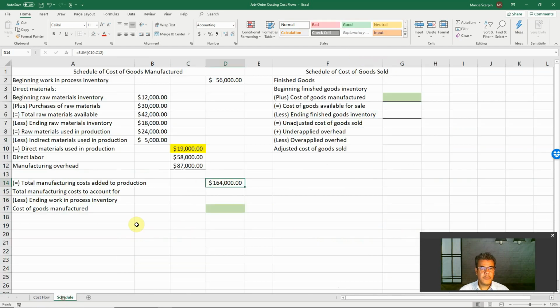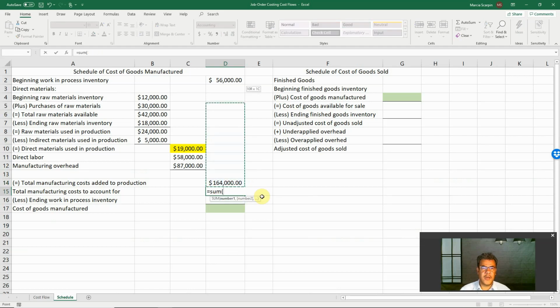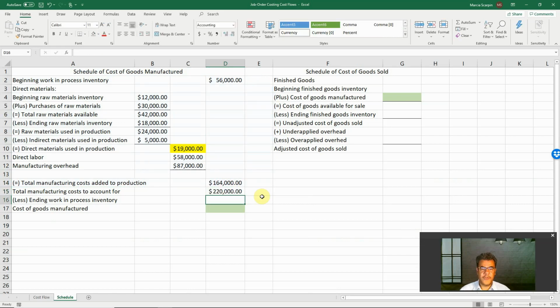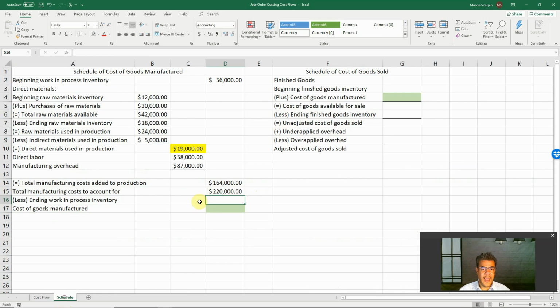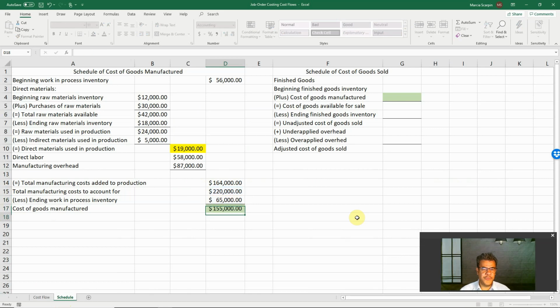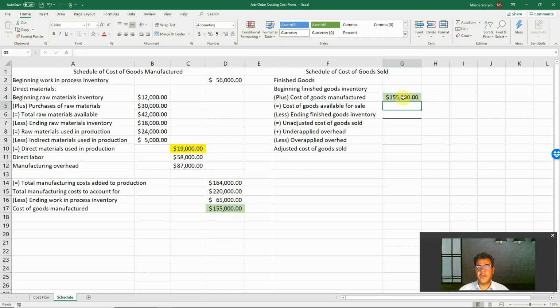Total manufacturing cost to account for, the sum of everything here, 220. Less ending inventory, 65. Total manufacturing cost less ending work in process gives us the cost of goods manufactured. And the cost of goods manufactured is here.